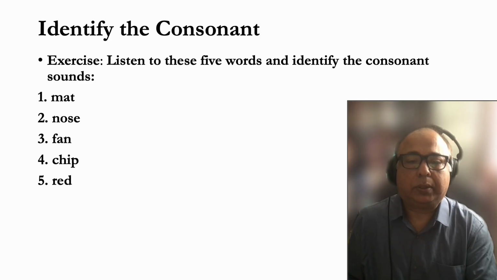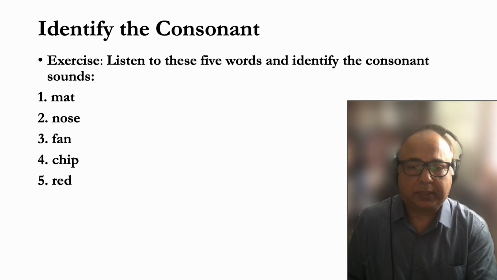Okay. Identify the consonants. So I am going to pronounce these words for you, and you need to identify the initial consonant. Okay. Ready? Let's do it. 1, mat. 2, nose. 3, fan. 4, chip. 5, red. Okay?